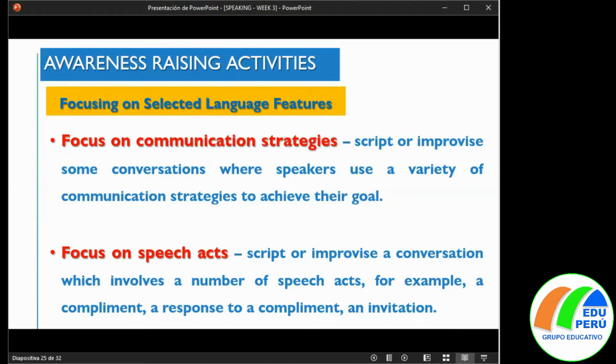Oh yeah, it's a person. It's a person who works in a bank. It's a person who works in a hospital. So what is the function? What is the speech act here? What is the purpose of communication? Can you tell me? No ideas?